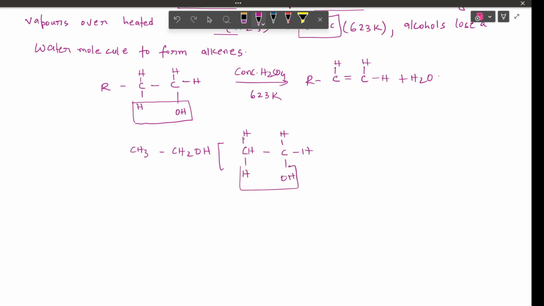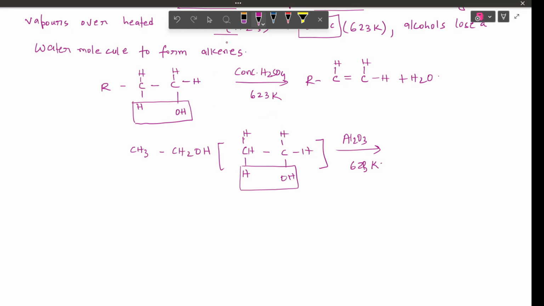So this H and OH will go out. So in place of that, we will get a double bond. Let us say we have given Al2O3 at 623 Kelvin. Okay.